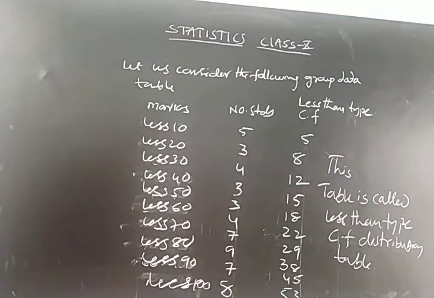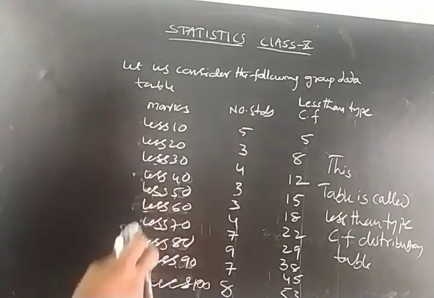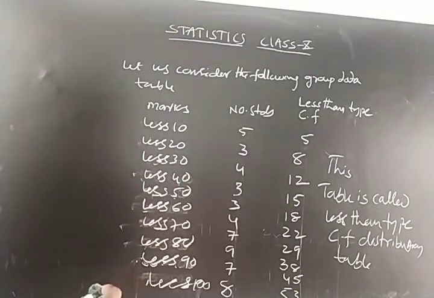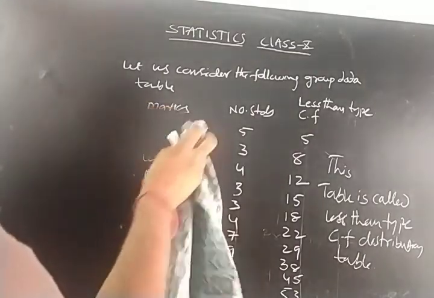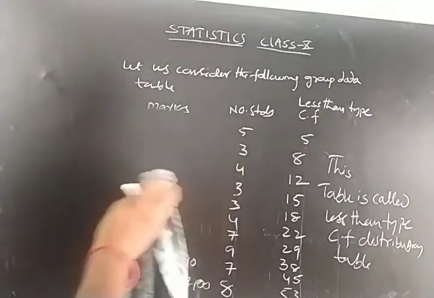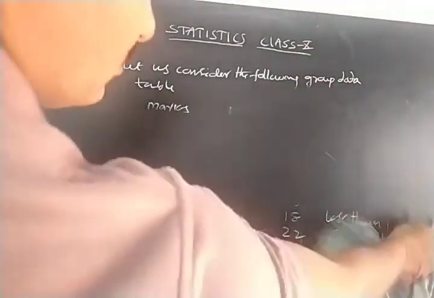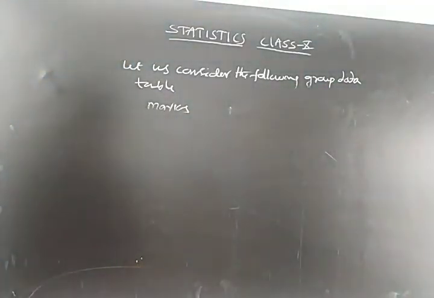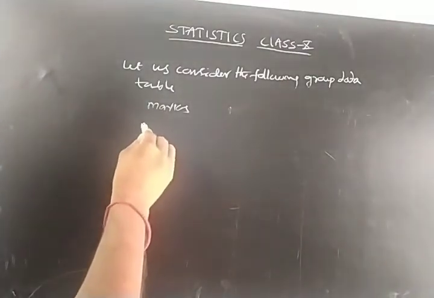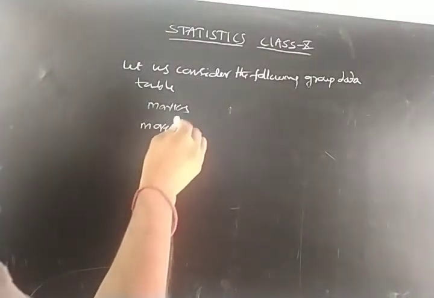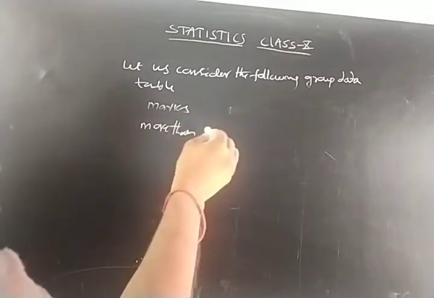You can use this cumulative distribution table, or there is one more distribution table, the greater than cumulative frequency distribution table. For that, suppose we have it like this: marks more than 0.